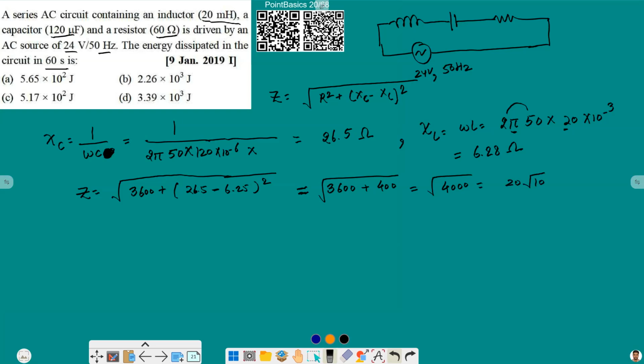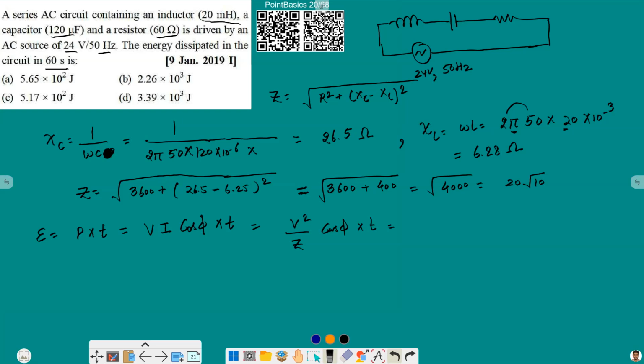And now, as we have to calculate the energy dissipated, energy is equal to power into time. And now power is voltage into current into cos of phi, into the time, that is 60 seconds, of course. And further, we can write current as potential by Z, so it will be V square by Z into cos of phi into time.